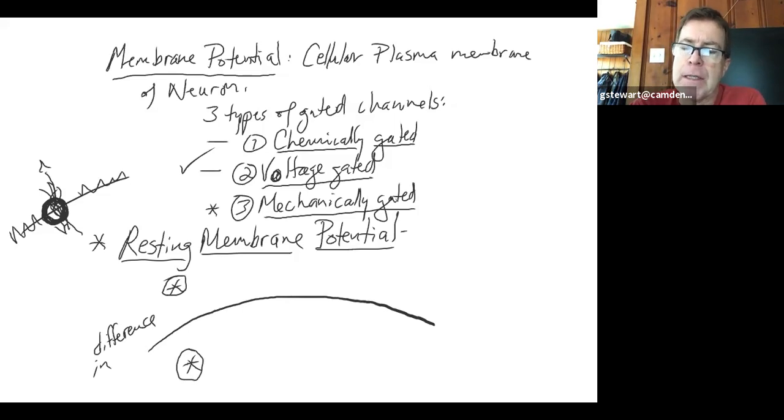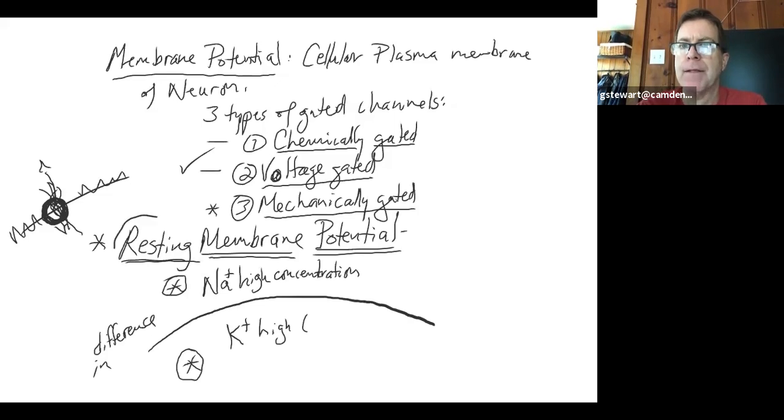And the difference in the ion concentration is going to create a voltage difference, a charge difference. So the ion distribution in resting membrane potential of a nerve cell is this. The cell is high in sodium ions outside of the cell, and it's high in potassium ions inside the cell.